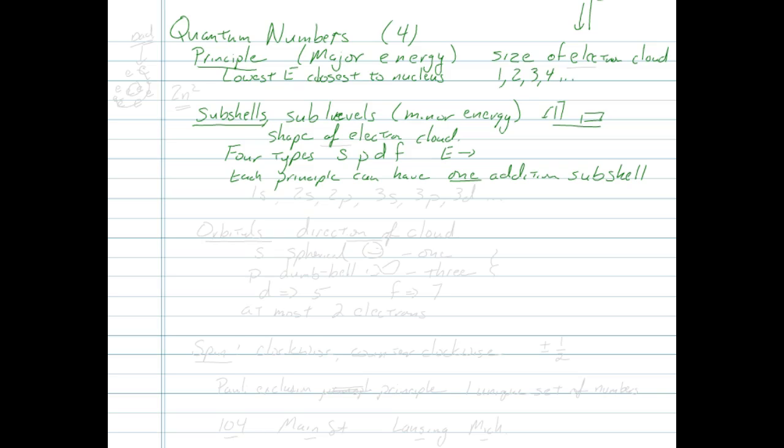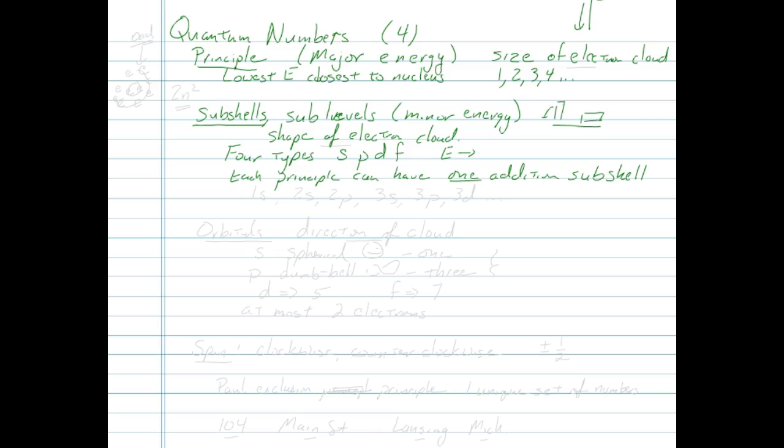If n equals 1, that's the smallest one, it's closest to the nucleus. It's the smallest cloud, so it only has room for 1 subshell. If n equals 2, it's a little bit bigger, there's more space for it, so there's room for 2 subshells. If n equals 3, there's room for 3. If n equals 4, there's room for 4. If n equals 5, there's room for 5.